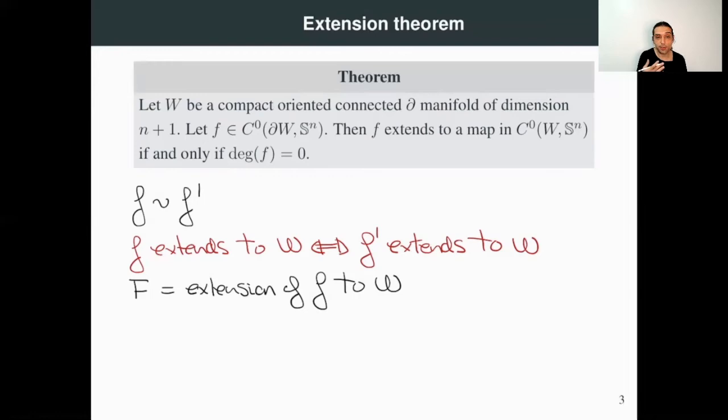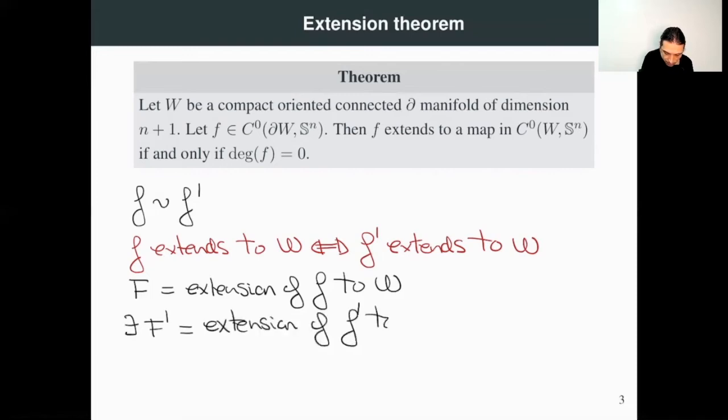A neighborhood of the boundary of W is just diffeomorphic to the product of the boundary and an interval. Okay, so as a consequence, there exists F prime that is an extension of f prime to a neighborhood of the boundary of W, right?